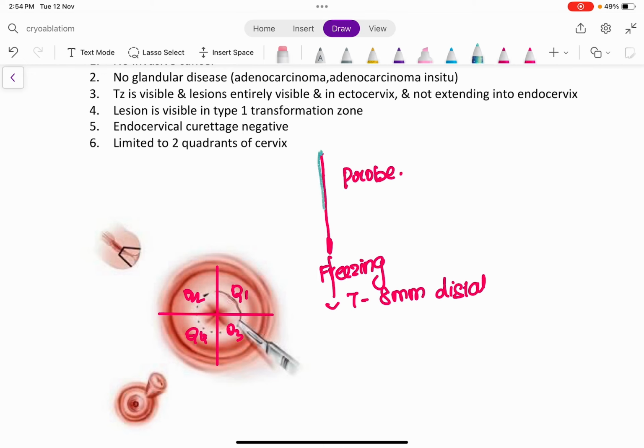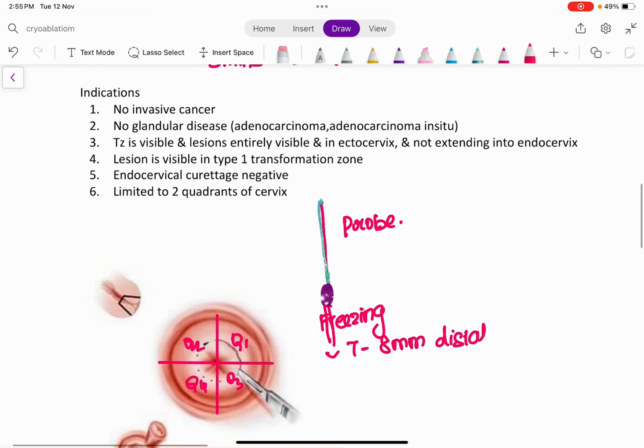So let's say that this is the cryoprobe, and this probe is going to cause freezing of the abnormal cervical tissue about 7 to 8 millimeter distal to the cryoprobe, that is crystallization of the intracellular water. So if someone asks you how many millimeter distal to the cryoprobe it causes freezing, 7 to 8 millimeter distal to the cryoprobe, right?